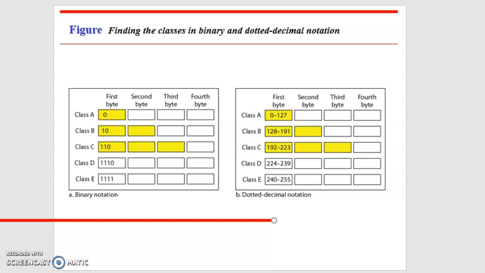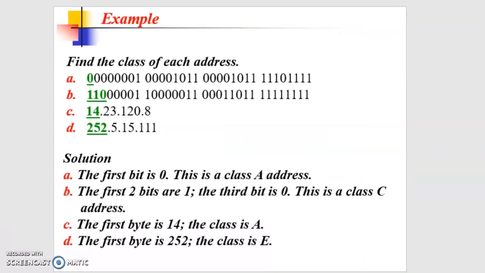Let's see with an example how you can easily identify your address. In this question, it is saying to find the class each address belongs to. If this is binary notation, I told you if the first bit is 0, you can automatically classify it as class A. Now, when you come to the second part, the first bit is 1.